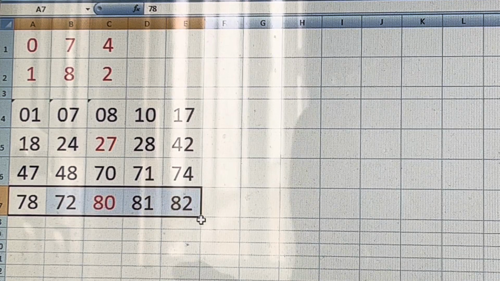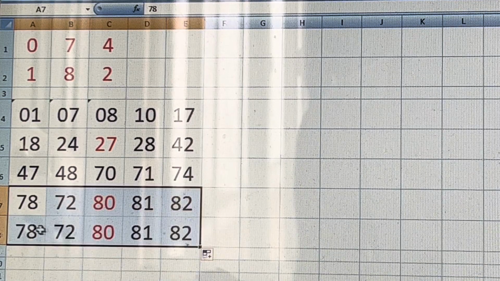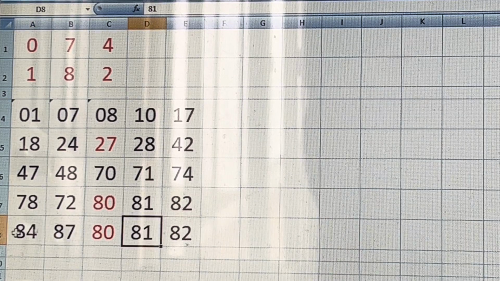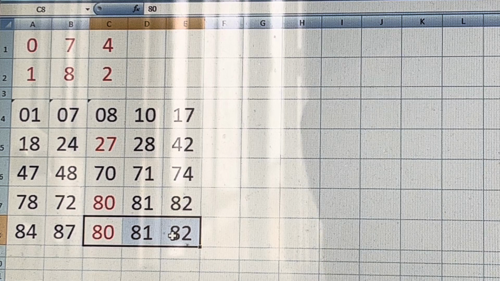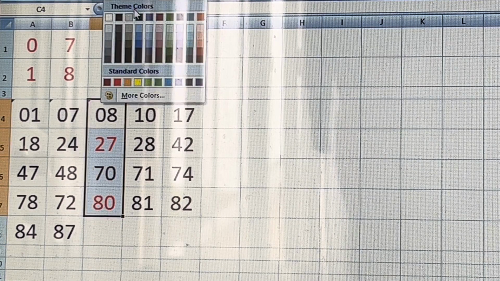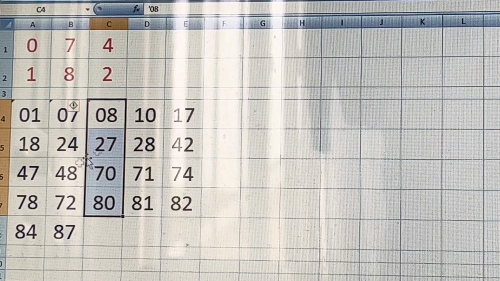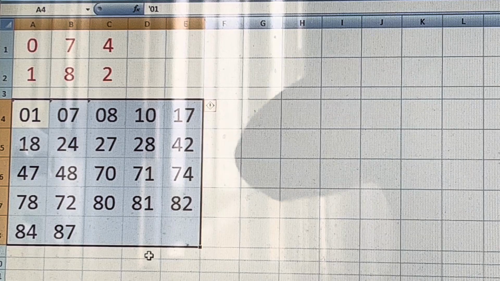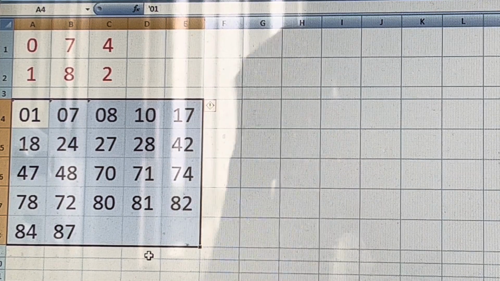So you have that many numbers in the setup. 22 numbers in the setup of that section of the grid you use.